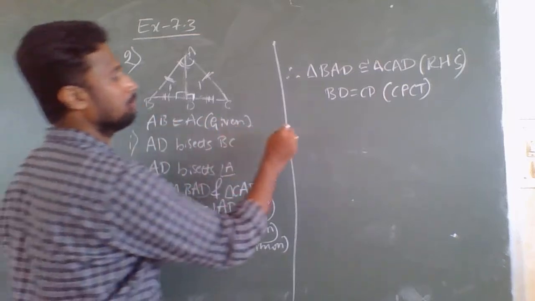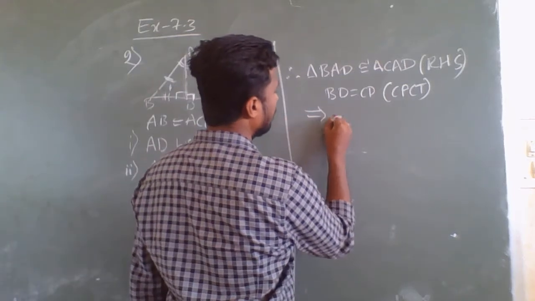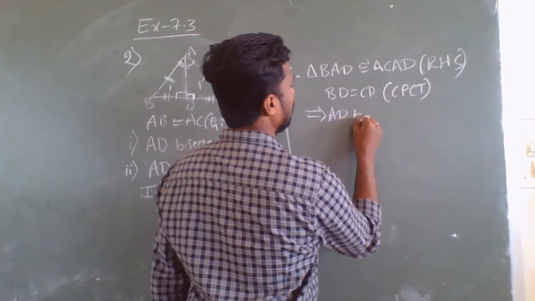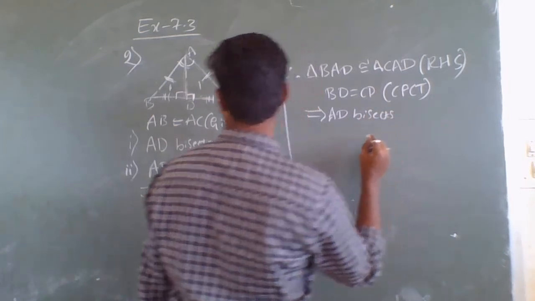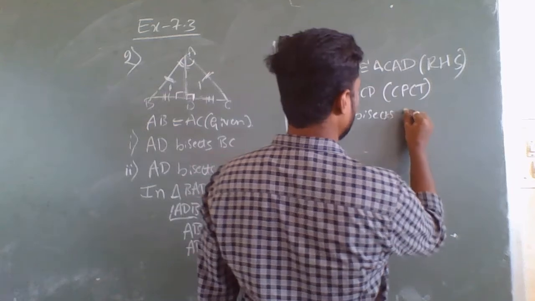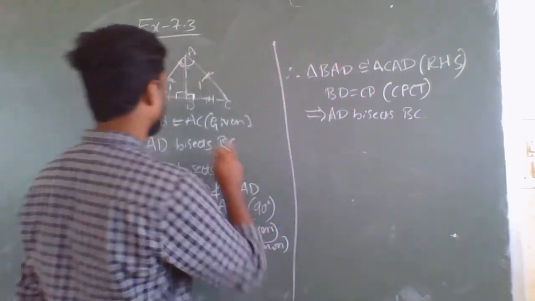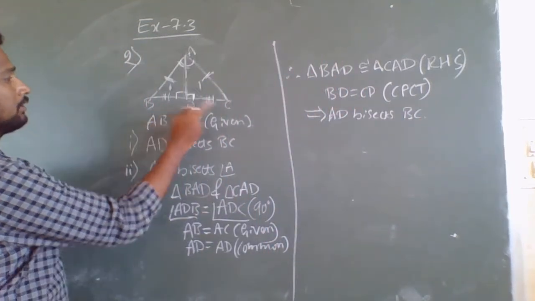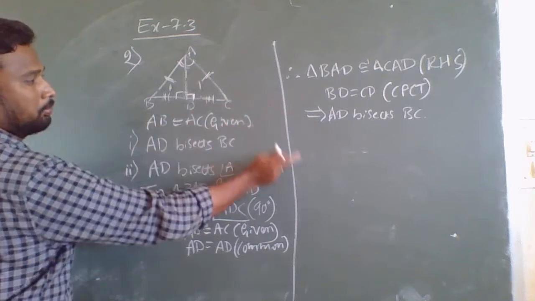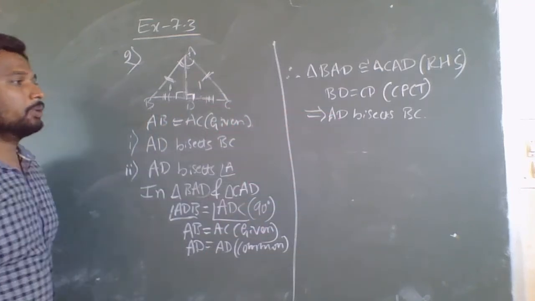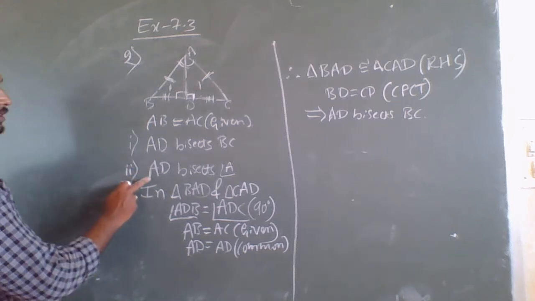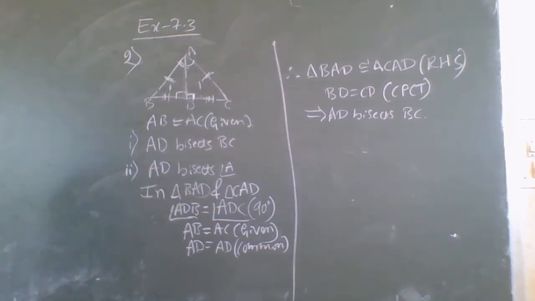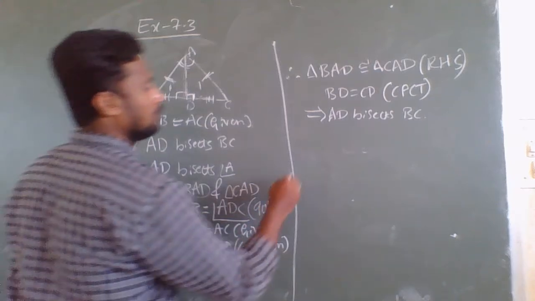Here I write AD bisects BC because BD is equal to CD by CPCT. Therefore, AD bisects BC. Now again, to prove that AD bisects angle A, what can you do?